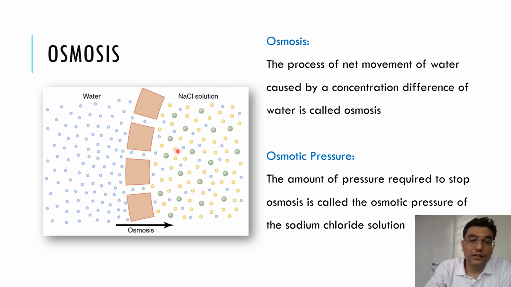So when we apply pressure from the NaCl side, the net movement will be slowed down, or it may even be stopped or reversed. This is known as osmotic pressure. So osmotic pressure is the amount of pressure that is required to stop the osmosis.